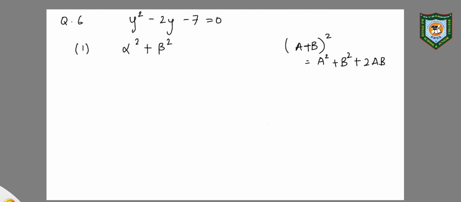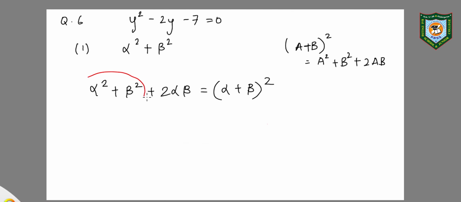So now instead of a, I have alpha, and instead of b, I have beta. So I can write down alpha square plus beta square plus 2 times alpha into beta is equal to alpha plus beta whole square. Now remember, we only need this term from our question.